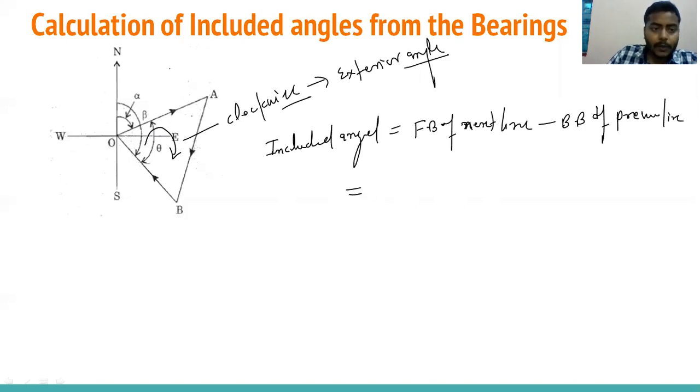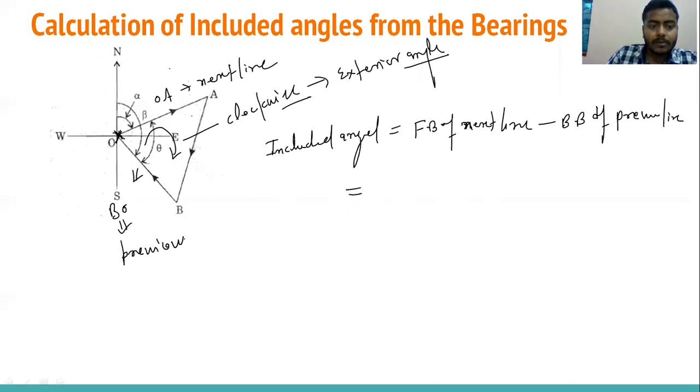I'm going to calculate the included angle at point O. For the point O, what is the next line? That is OA. In this case, OA is the next line. And what is the previous line? That is BO. BO here is the previous line. Are you getting the point?